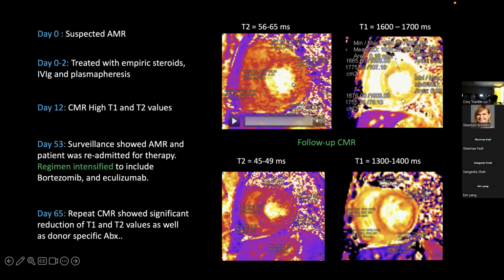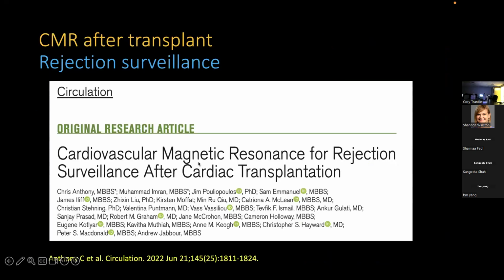Note the values have decreased: the T2 values, that higher range, came down to between 45 and 49. And the T1 values between 1600 and 1700 came down to 1300 to 1400. This suggests that T2 can be reflective of the presence or absence of acute rejection, at least T2.